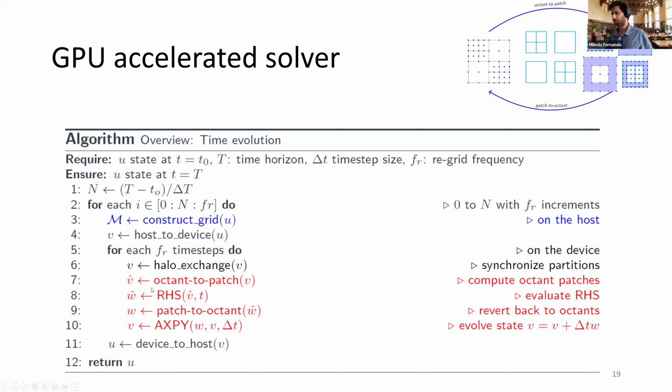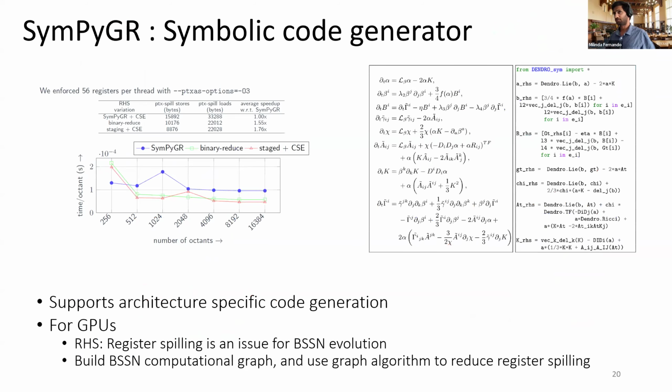When we were doing that, we found we needed to do some tweaking of the symbolic code generation. For the GPUs, the main thing we learned was that evaluating the BSSN right hand side on the GPUs causes a lot of register spilling, and that can reduce the overall performance of the right hand side evaluation.